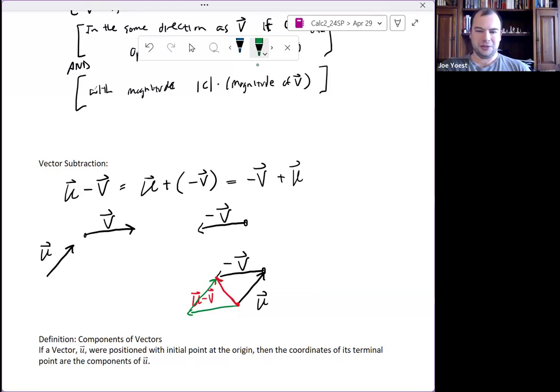But of course, v minus u is not the same. V minus u would look like we go along v, and then we would go along minus u. V minus u is not the same, but we do notice that v minus u, this vector here, versus u minus v, this vector here, those actually are just opposites of one another, right?